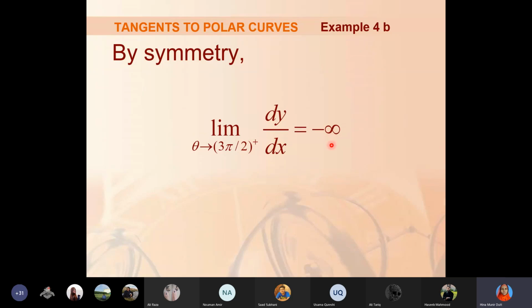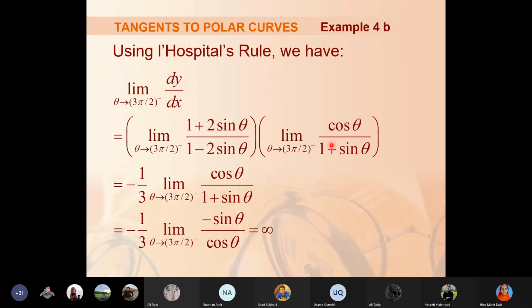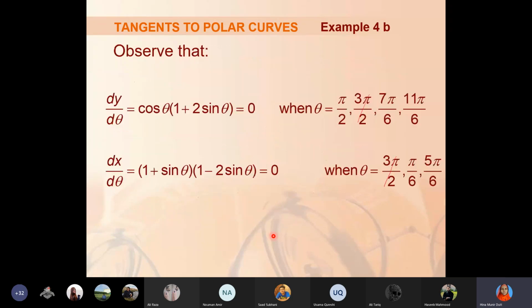So what does it mean? Asymptote tangent. Yes, it means there does exist a vertical tangent at theta equal to 3 pi by 2, because dy by dx is infinite over here, not 0 over 0. So you will not skip 3 pi by 2 for the vertical tangents.